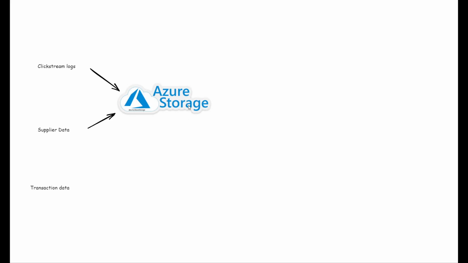You can use Azure storage services. There's a variety of storage services like blob storage, data lake storage, and table storage. We will talk more about the variety of storage services later. I want you to have a high-level picture now and get some hands-on experience before going in depth into individual services.